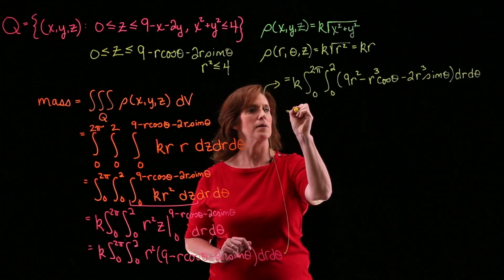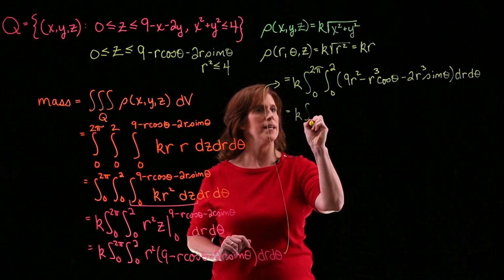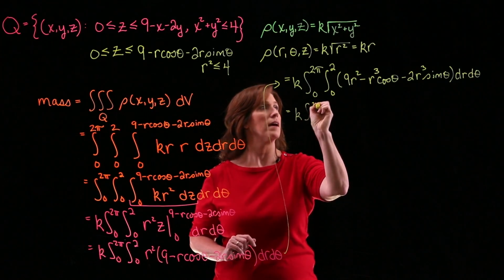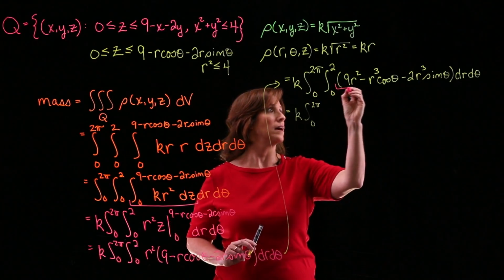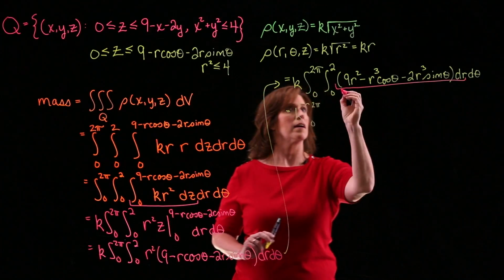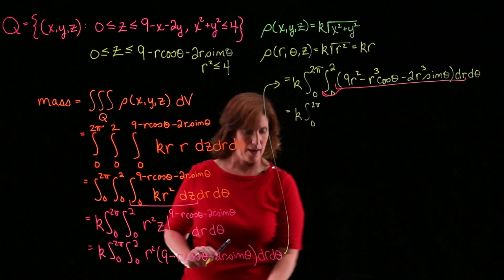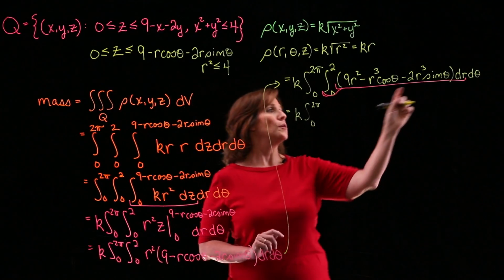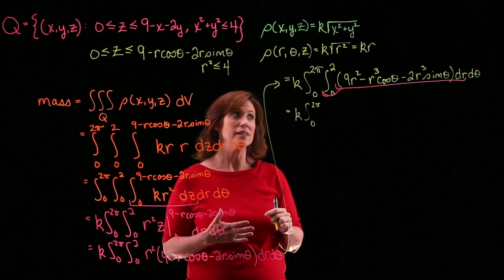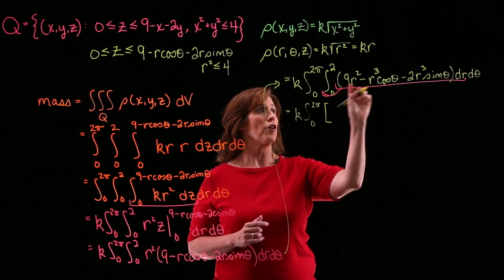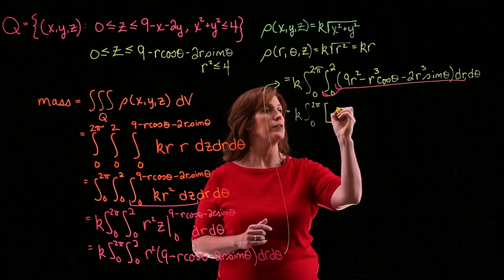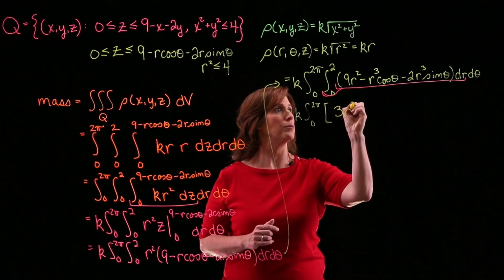Okay, so I'm ready to integrate. I'm integrating with respect to r. Actually, it's all of this. Okay? So that means I can treat theta as a constant. So when I integrate, I'm going to have 9r cubed all over 3. So that's going to be a 3r cubed.